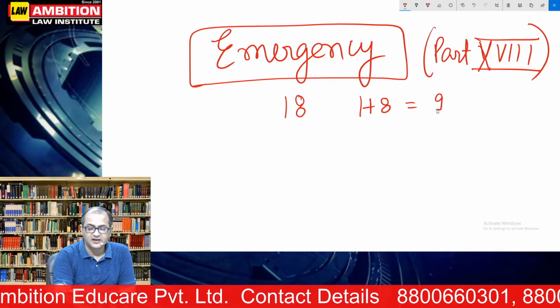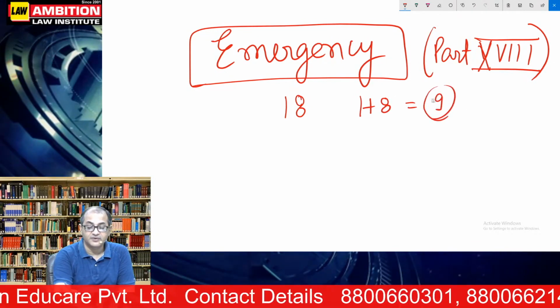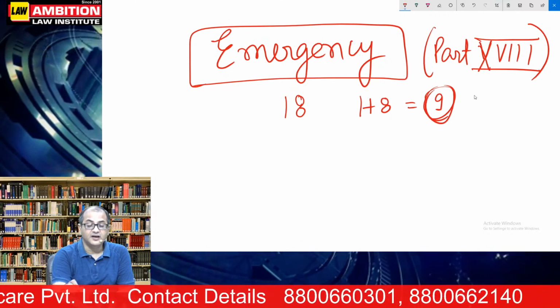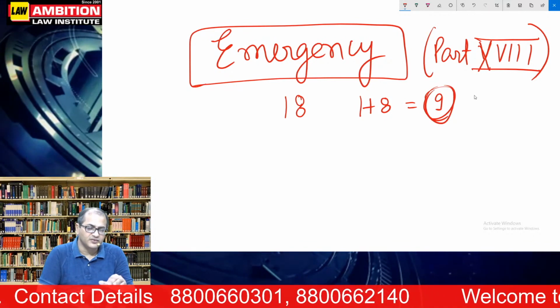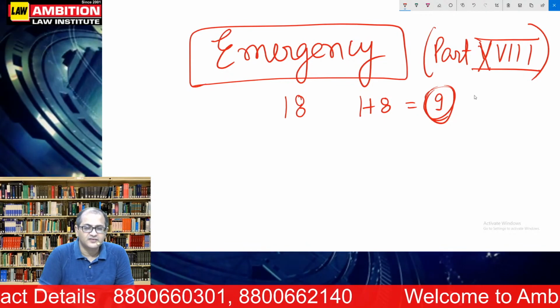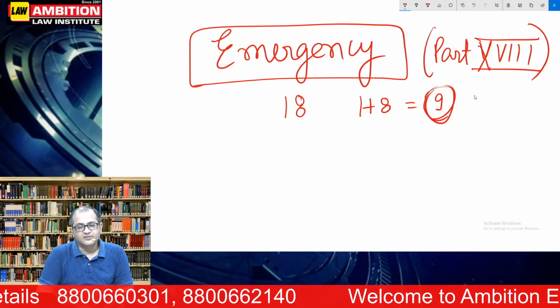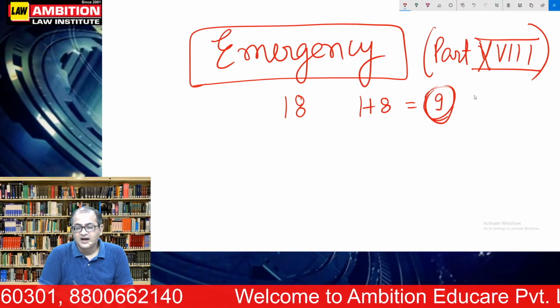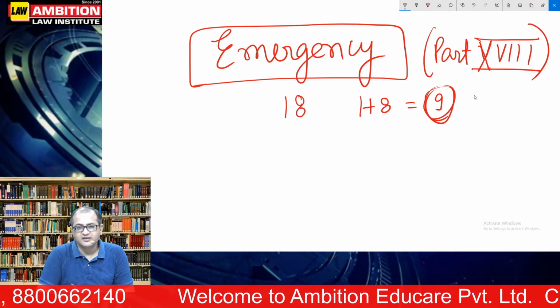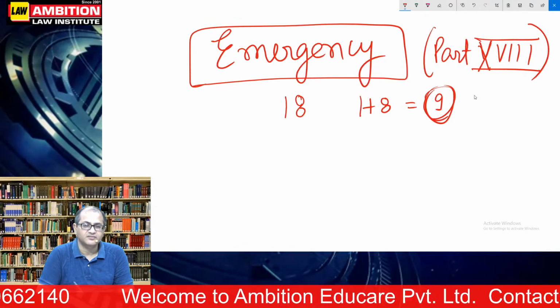It has exactly 9 clauses in 352. How many clauses? 9 clauses. But what you read today, 9 clauses of 352, is not original. It has also a history behind it. And that history is again very fascinating for understanding of the Constitution.